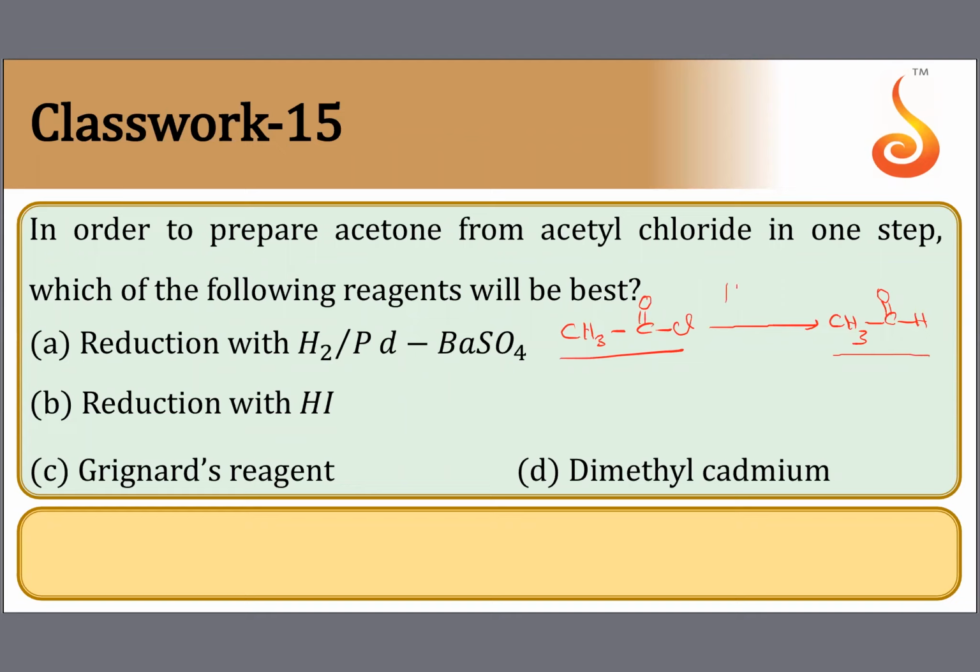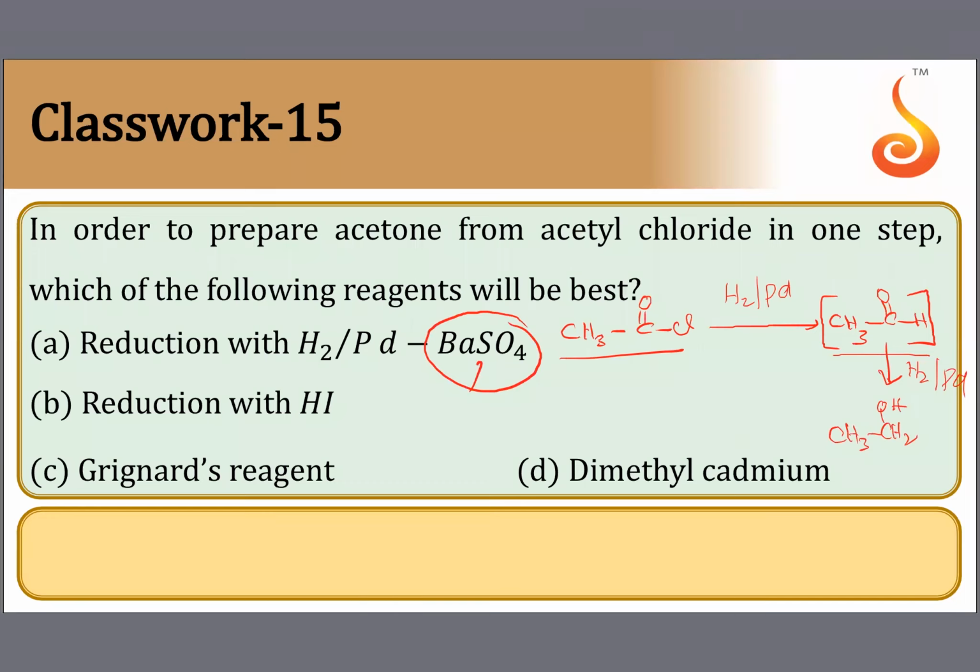If it is hydrogen in the presence of palladium, what happens? The acetaldehyde, which is formed only as an intermediate, undergoes further reduction to give ethyl alcohol, no? That's why, to control the reduction process, the palladium is poisoned with barium sulfate, Lindlar's reagent.